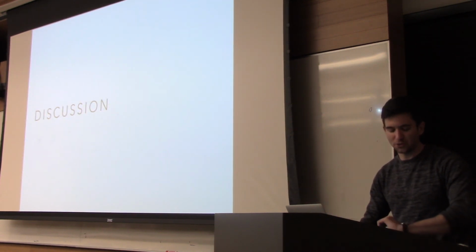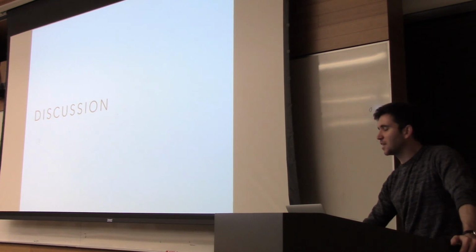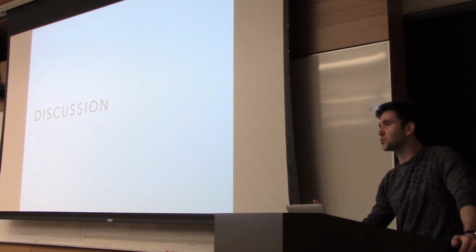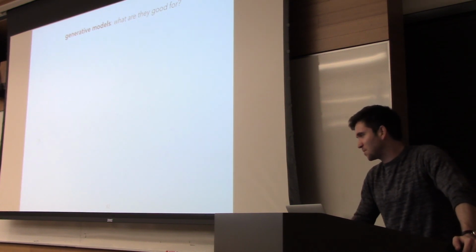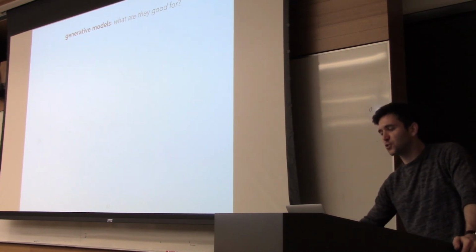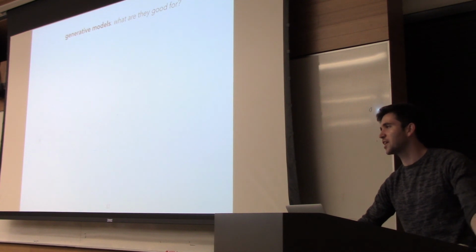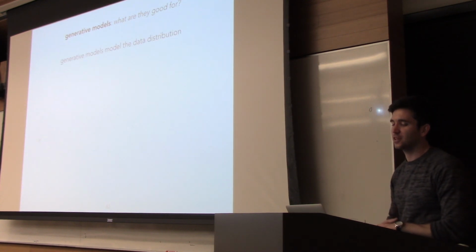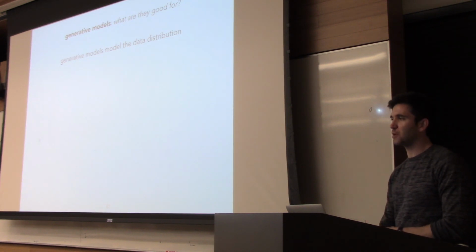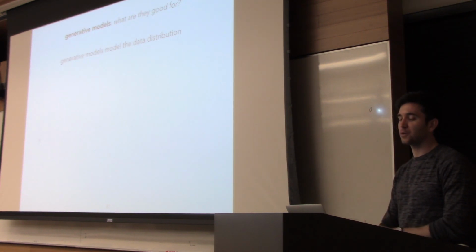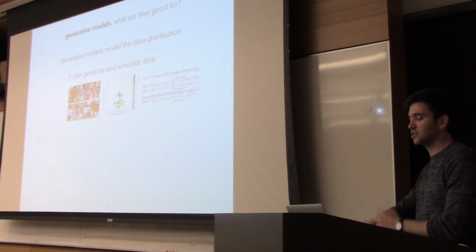So just to close out the lecture, I wanted to have a brief discussion to recap what we've seen. Hopefully I've convinced you that generative models are useful, but let's discuss what they are actually good for. The way I see it, there's really two areas where generative models can be of a lot of help. One of them is that you can generate and simulate data.